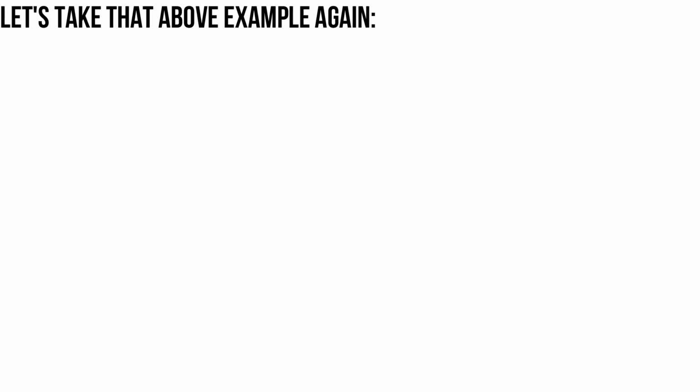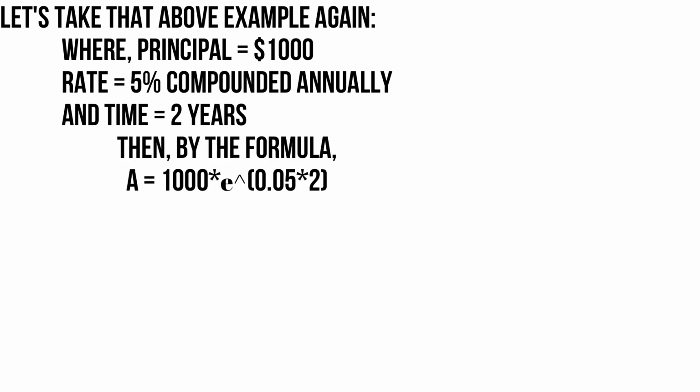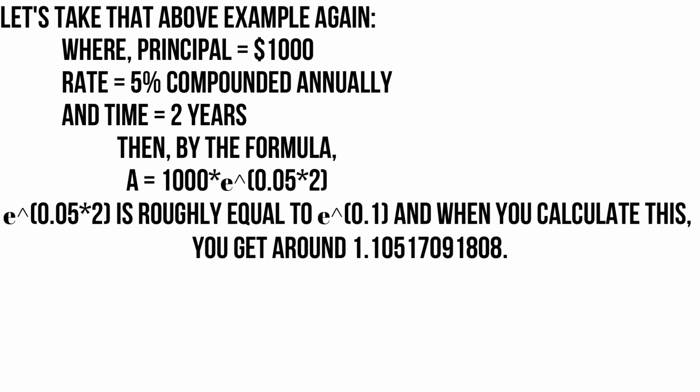Let's take that above example again, where principal equals $1,000, rate equals 5% compounded annually, and time equals 2 years. Then, by the formula, A = 1,000 * e^(0.05*2). e^(0.05*2) is e^0.1. And when you calculate this, you get around 1.105170918808.